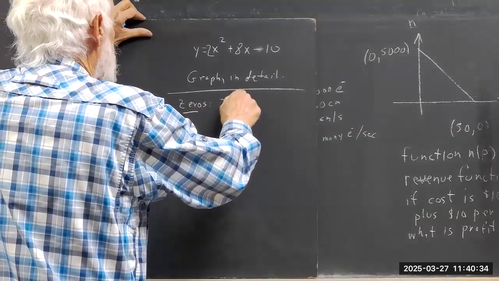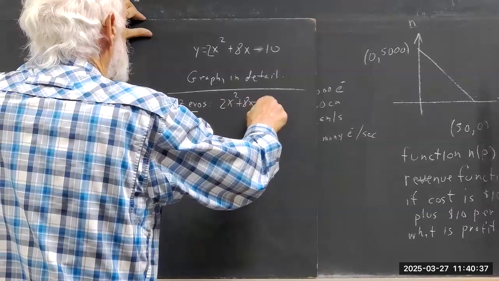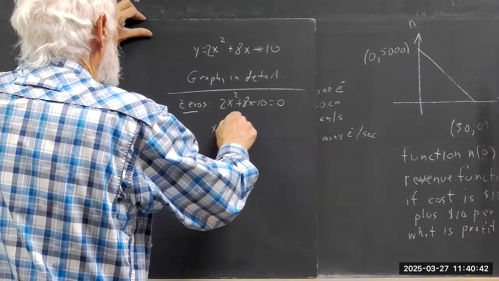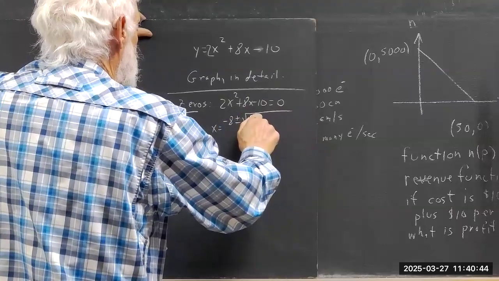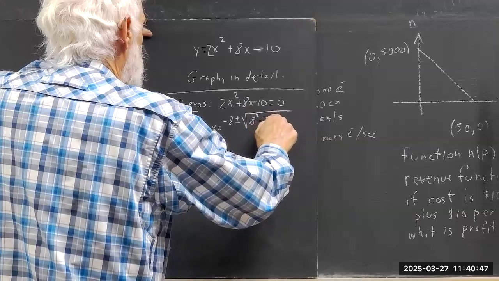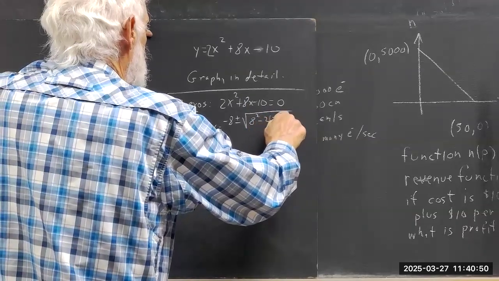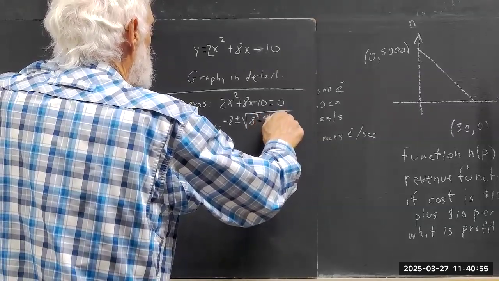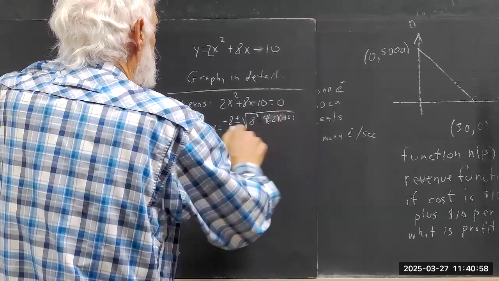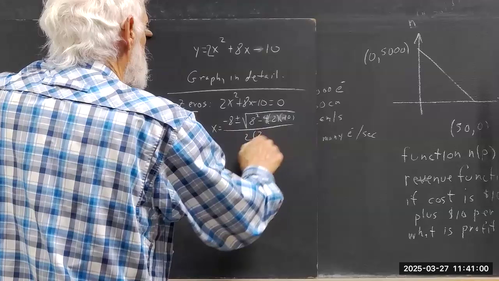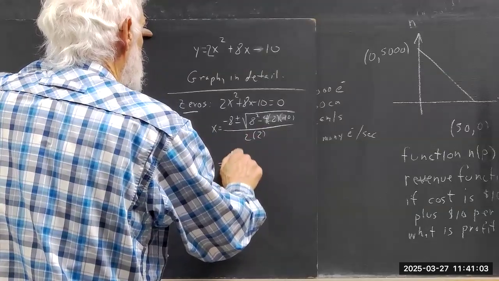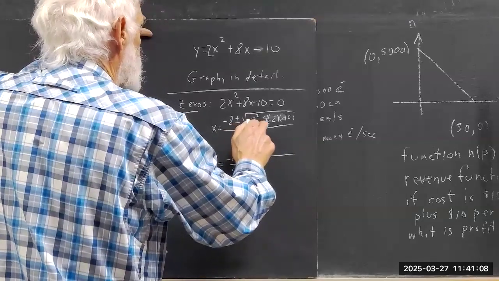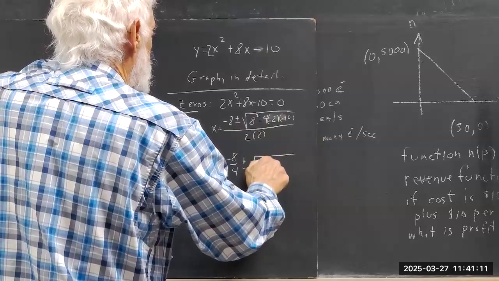The zeros: 2x squared plus 8x minus 10 equals 0. x equals -8 plus or minus the square root of 8 squared minus, sorry, 4 times 2 times -10, over 2 times 2, equals -8 over 4 plus or minus square root of, that's 64, and that's 80, 144.